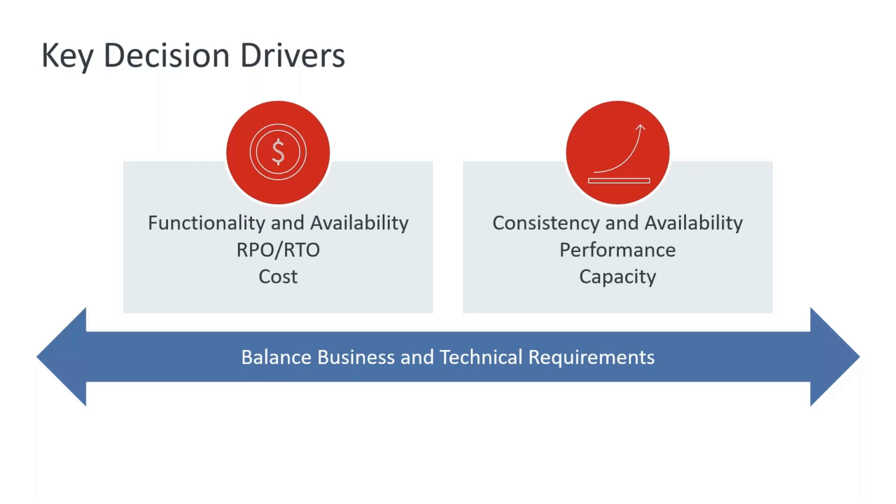But when we take into consideration that this is being driven out of a business continuity plan, and look at it from a business perspective and the cost factors, it's going to be a balance between these two sides to come to the optimal solution and strategy that I need to support my business.